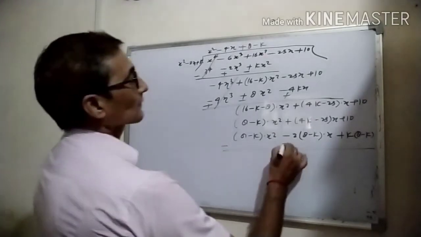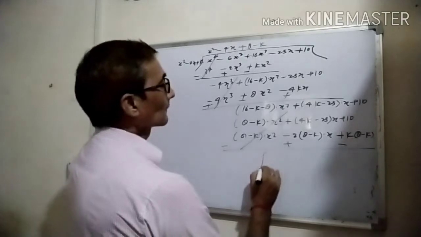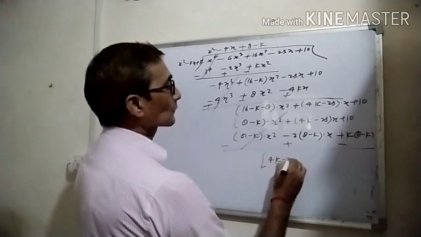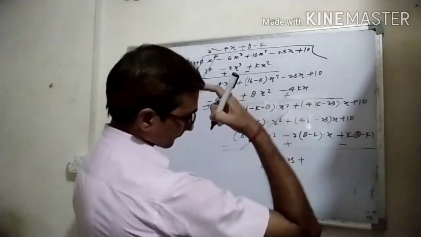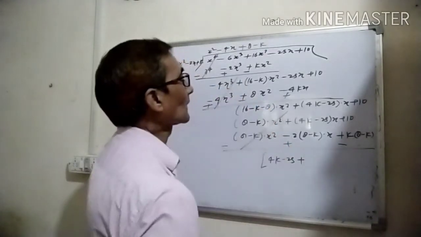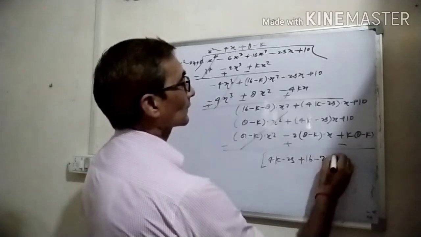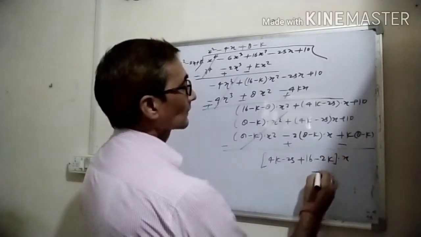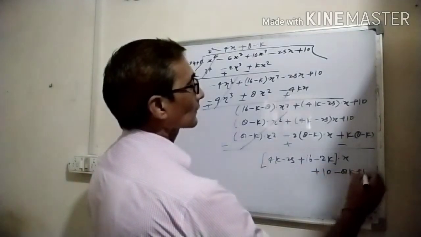After subtracting you will get, this will be cancelled. Finally (4k minus 25) plus (16 minus 2k) into x plus 10 minus 8k plus k square.